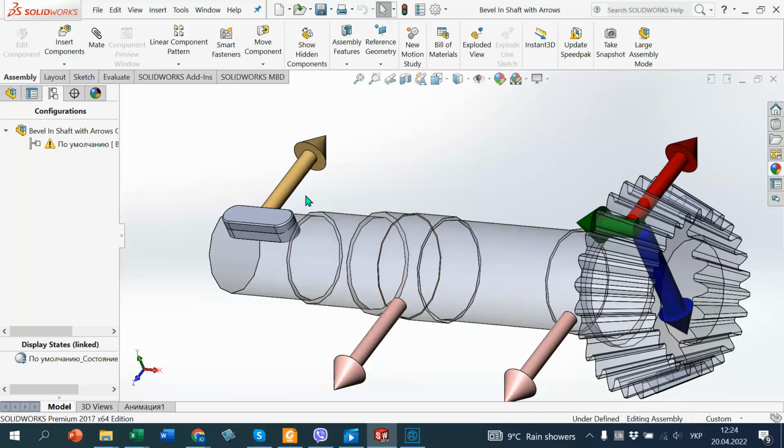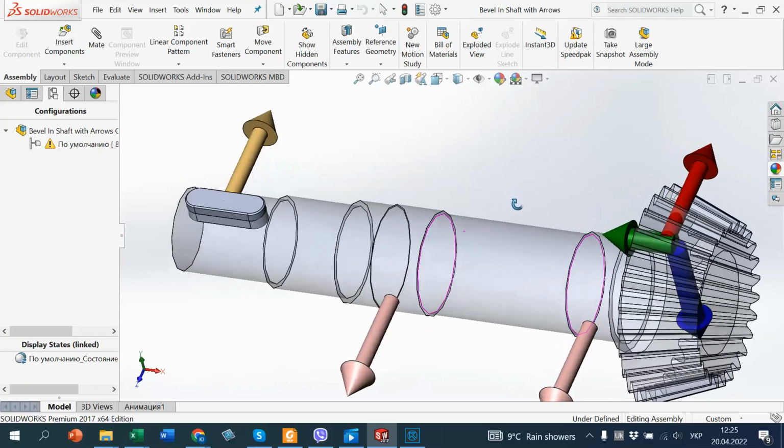And one more force we have here. It is a force which is applied from the half coupling to the key. This force is not known in value, or place of application, or direction. So we consider it some later.